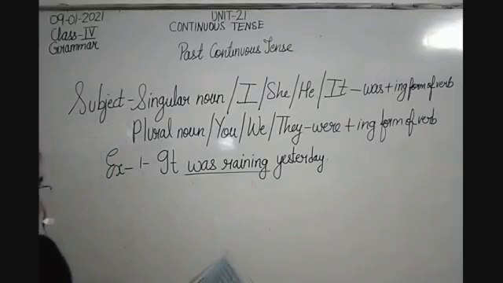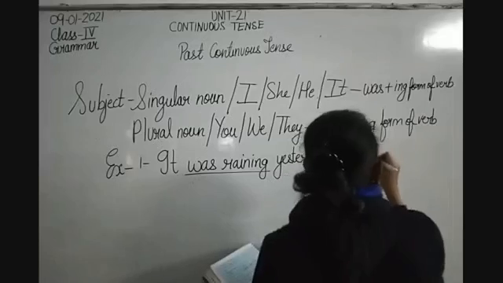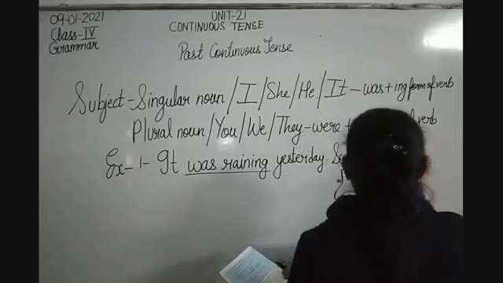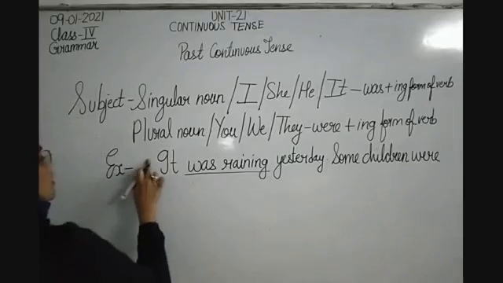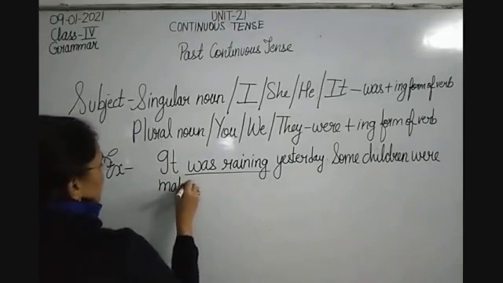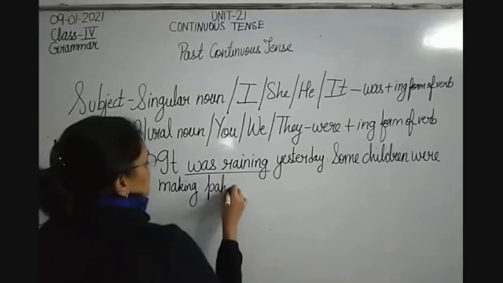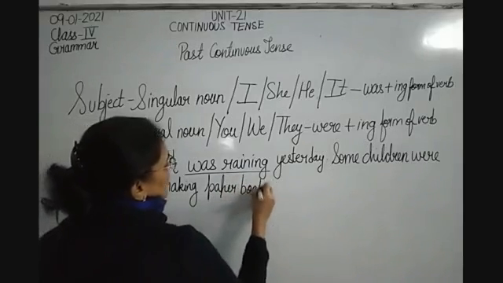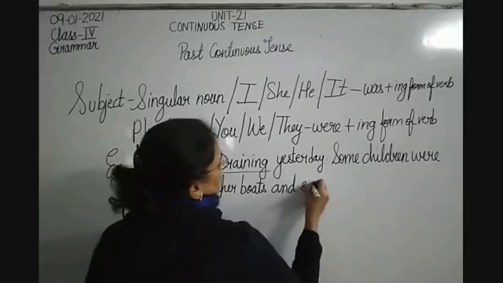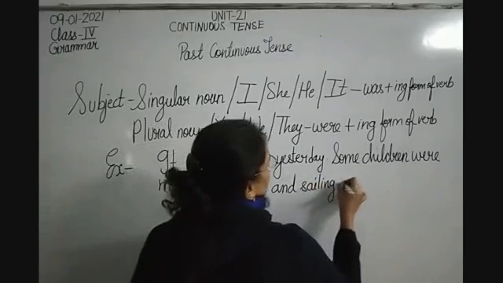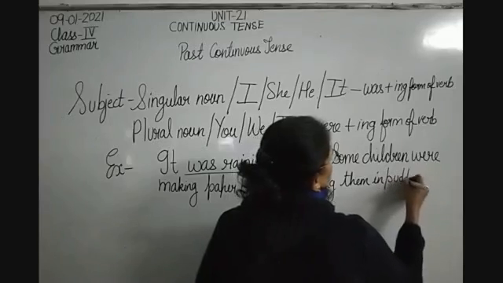Then you can see in the paragraph some children were making paper boats and selling them in puddles.